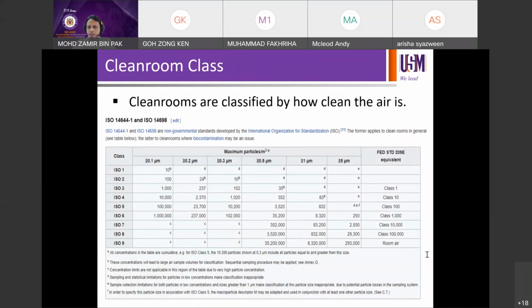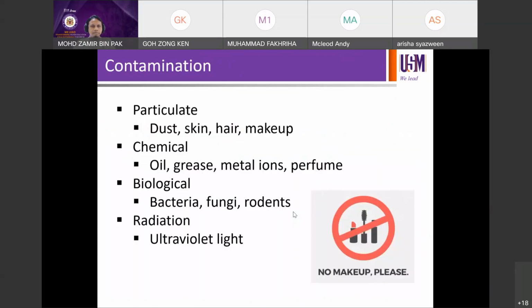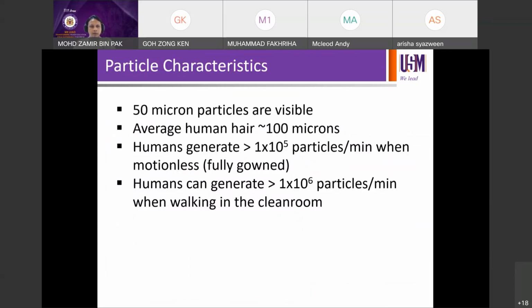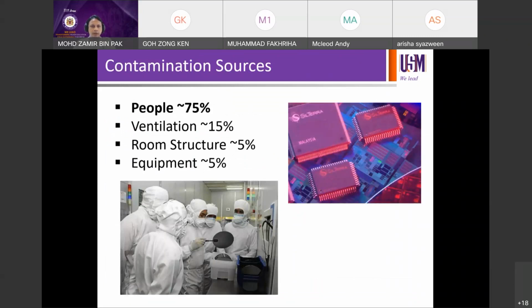If you look at the FED standard 209E, we've discussed a little bit on class 1 up to typical room air condition, and sources of contamination, particle characteristics, and I think we stopped here.